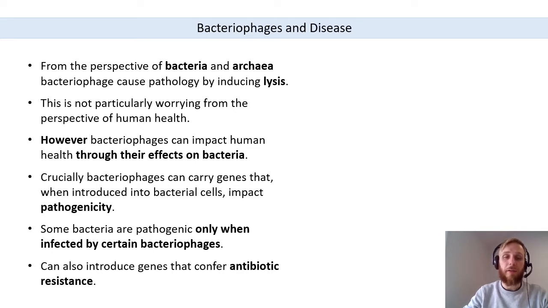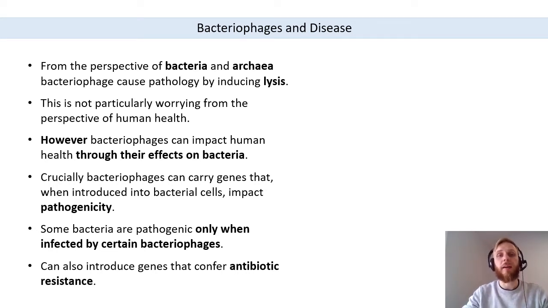So when a bacteriophage infection occurs, they can gain exotoxins, for example, so specific factors that directly enable them to induce disease, or they can sometimes gain antibiotic resistance. So again, this is something that enables them to successfully infect a host, so it contributes to their ability to cause disease because they're resistant to treatment.